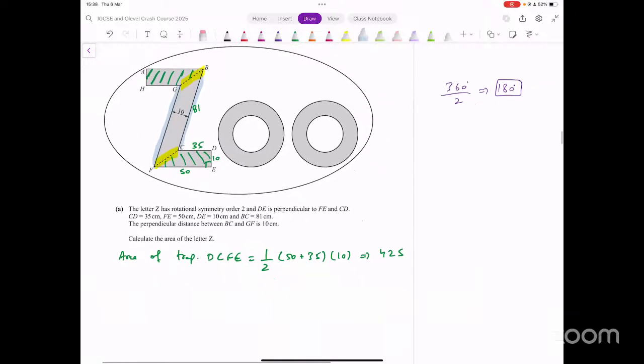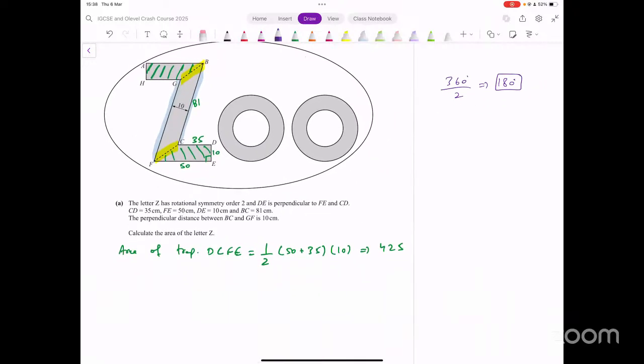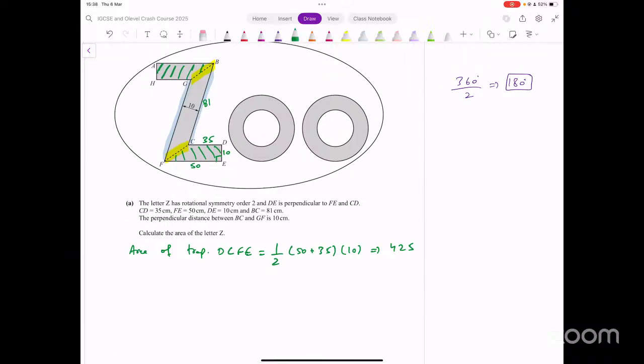What's the area of a parallelogram? Area of a parallelogram is just base times height, right? Now, do we have the base? If we consider this side as the base, it has length 81. Height is going to be perpendicular to that. That's 10.